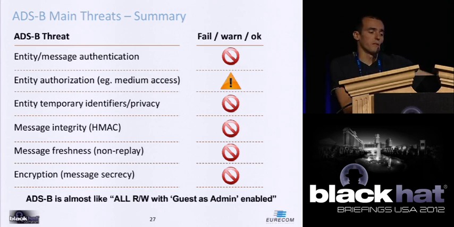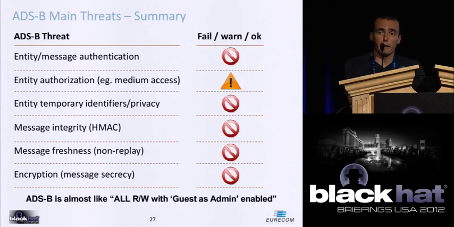So one of the most important threats is entity and message authentication, meaning that in the ADSB protocol and in ADSB messages, there's basically no provision to make sure that the message is, first of all, genuine, not generated or tampered with by an attacker, and second, there is no provision to verify that the message was sent by a true aircraft.